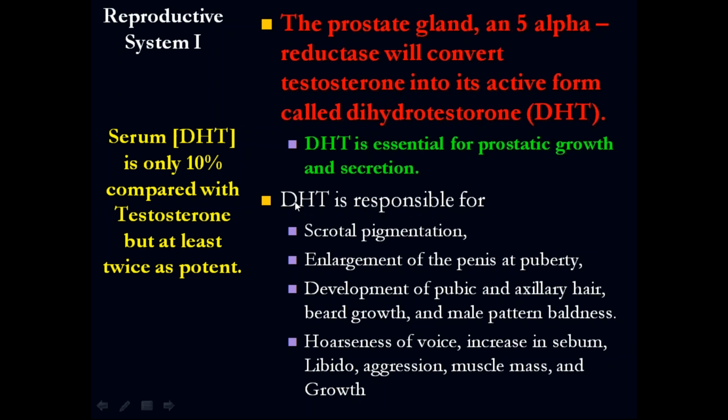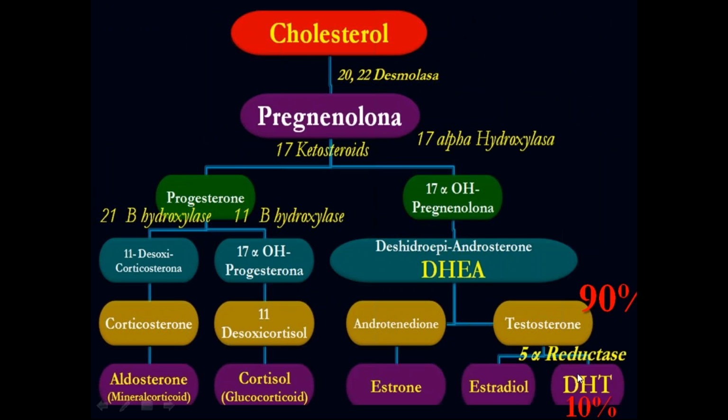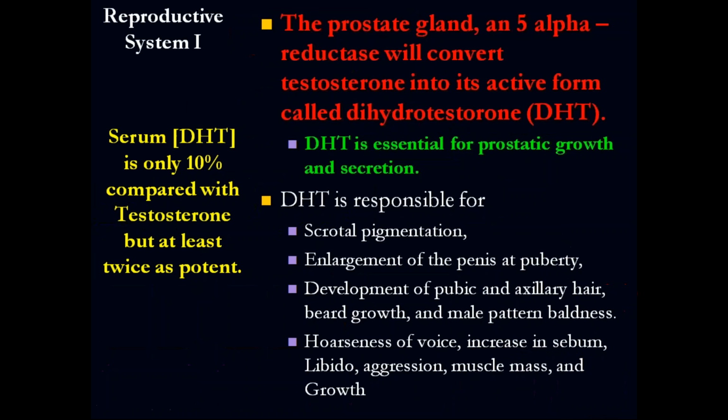Okay, so what is DHT doing? Let's go back here. This is testosterone, and this is the DHT, dihydrotestosterone, and these are its effects: scrotal pigmentation, enlargement of the penis at puberty, development of pubic and axillary hair, beard growth, and male pattern baldness. Also hoarseness of voice, increase in sebum, libido, aggression, muscular mass, and growth.